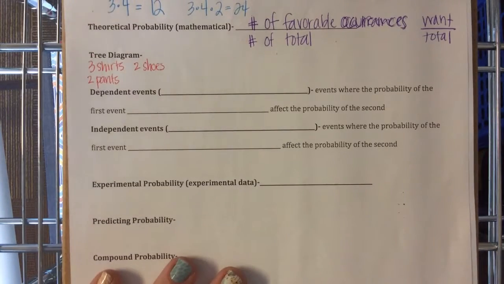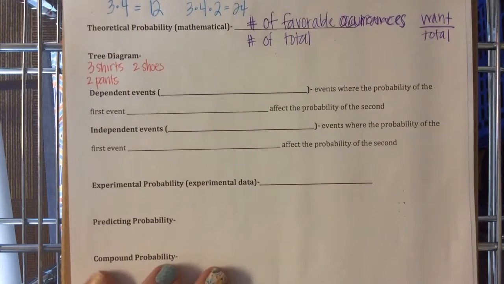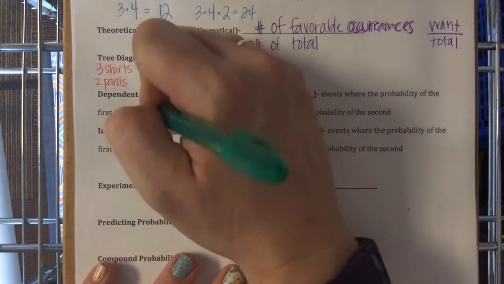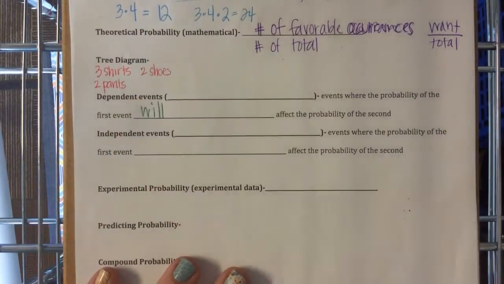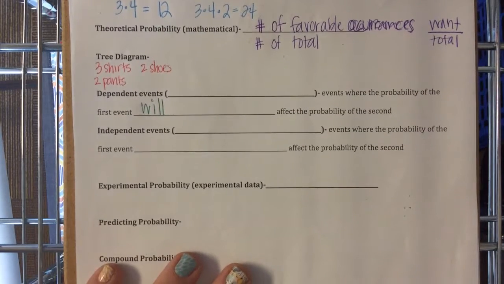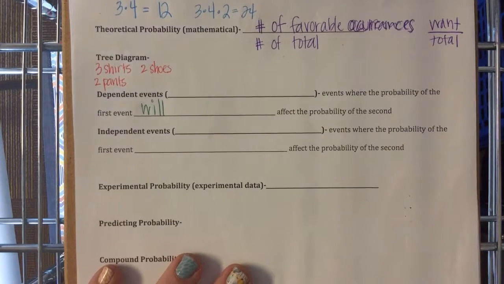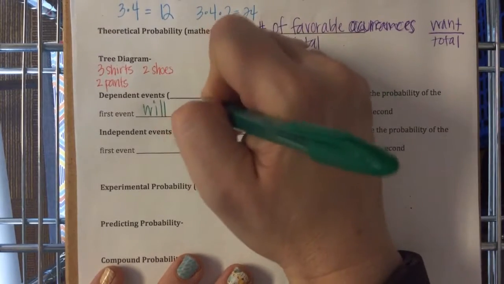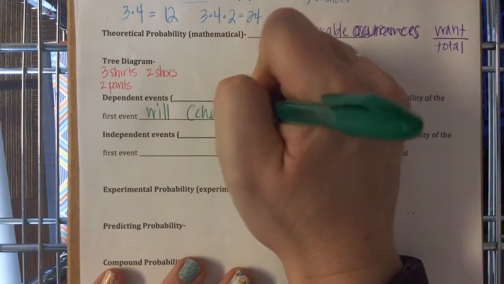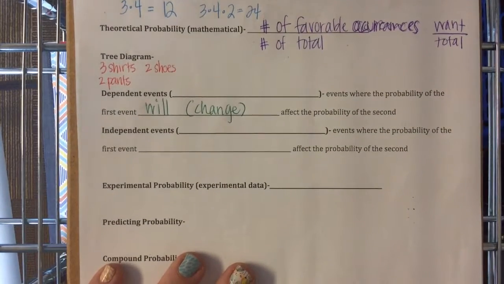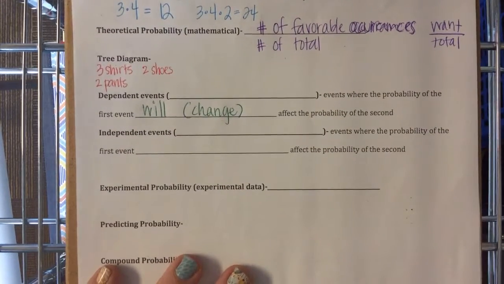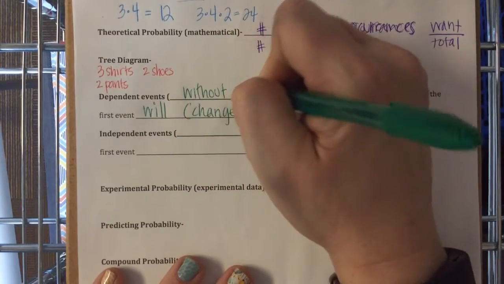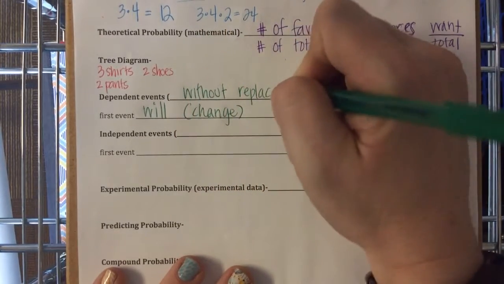Dependent, where the first event will affect the probability of the second event. It's going to change. Dependent events tend to be without replacement.